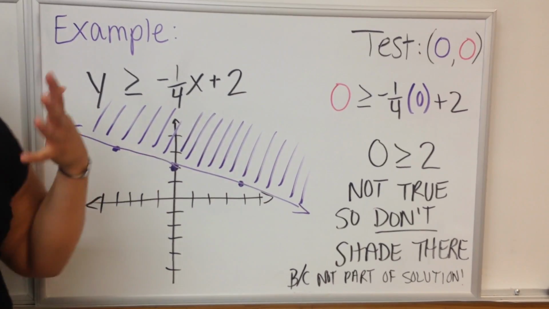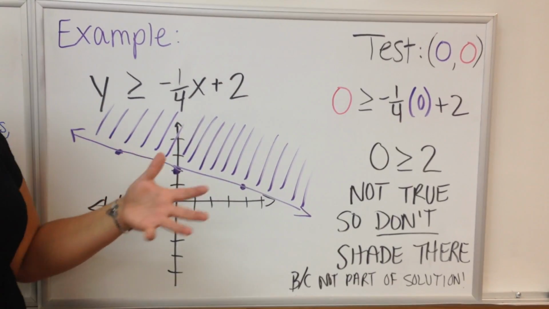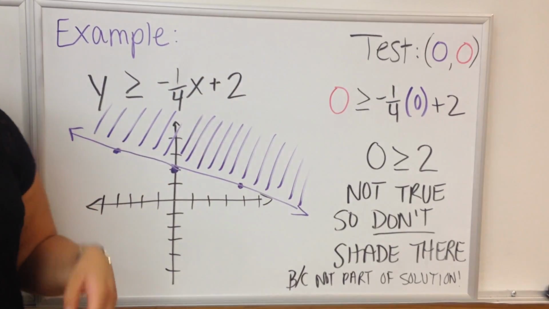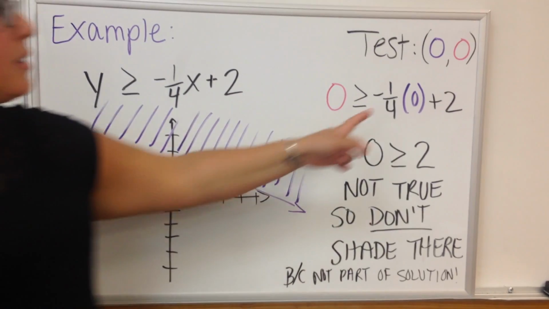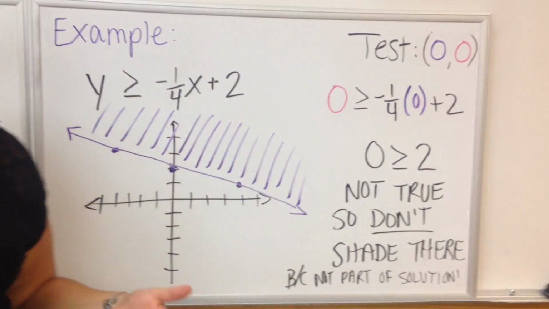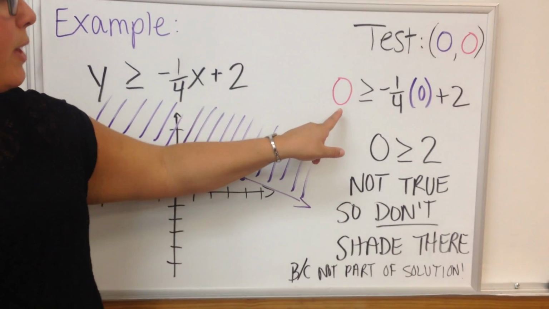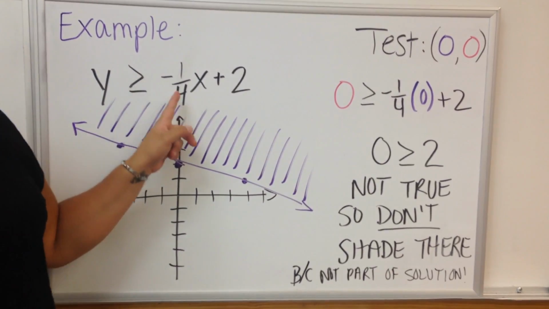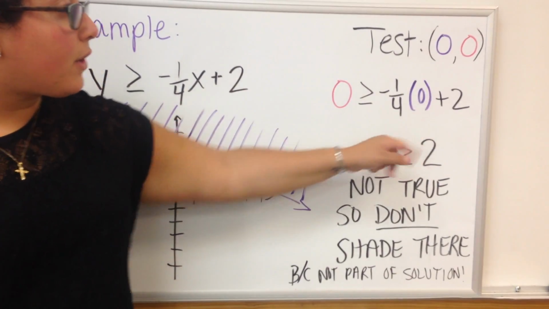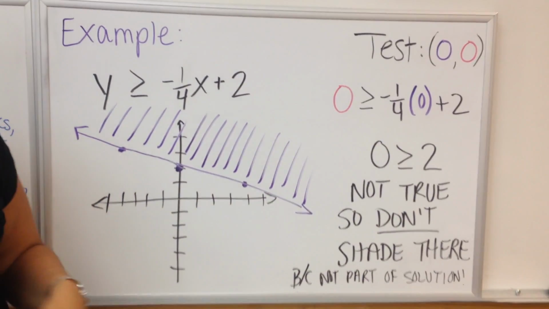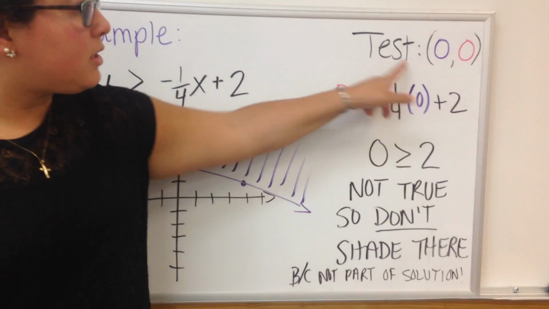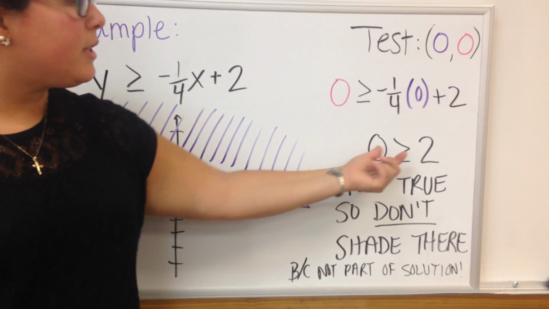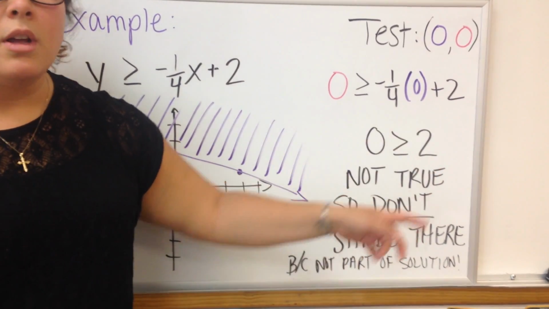But now it's the point where we're not so sure of what to do next, so we test the point 0, 0. So for 0, 0, that's an x value and a y value, just like any coordinate point. And we have 0 for our y is greater than or equal to negative 1/4, again 0 for our x, plus 2. When you simplify that, this turns into 0, and you're left with 0 is greater than or equal to 2.